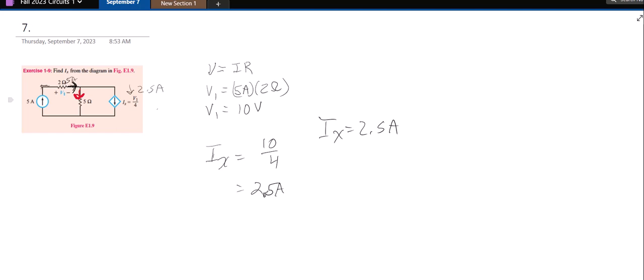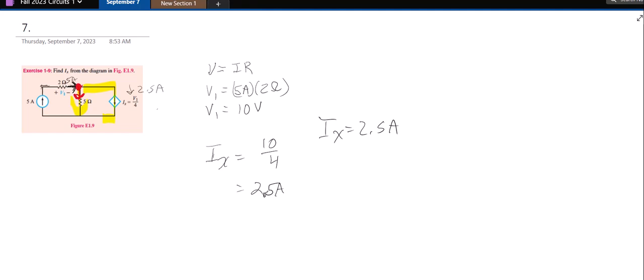We have 5 amps coming into this node, and going off in this direction is 2.5 amps. The other 2.5 amps must be going down this branch right here.